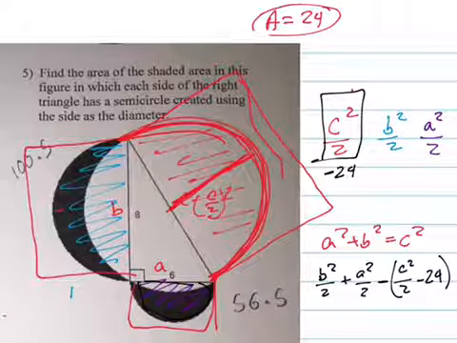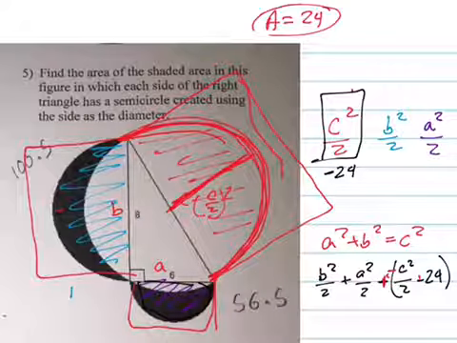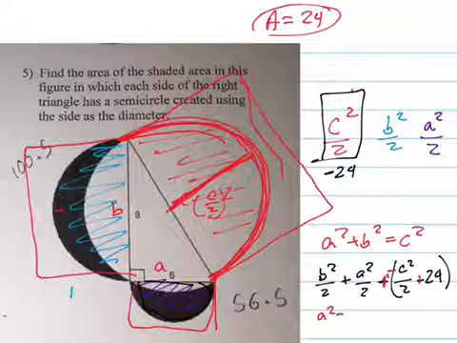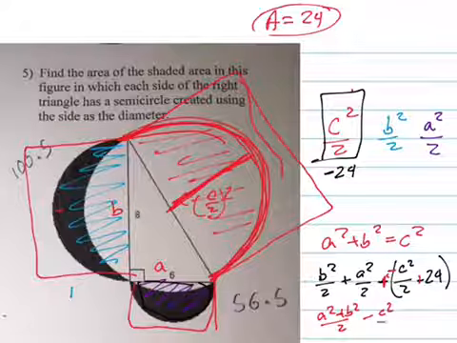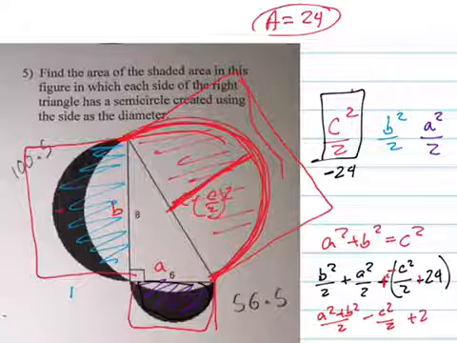That's basically what I'm doing. And so if I distribute that negative in there, what I've got is A squared plus B squared over 2 minus C squared over 2 plus 24.